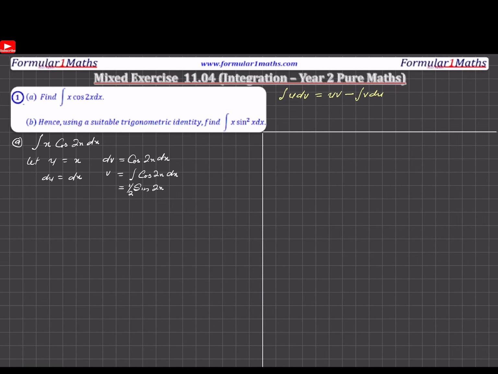So doing the substitution in the formula, the integral of u dv equals uv minus the integral of v du. We have our u to be x, and our dv to be that. So this will give me the integral I'm looking for.